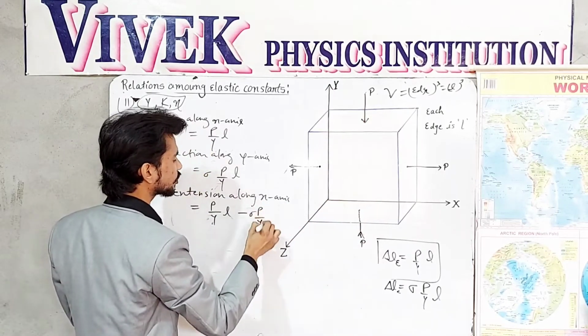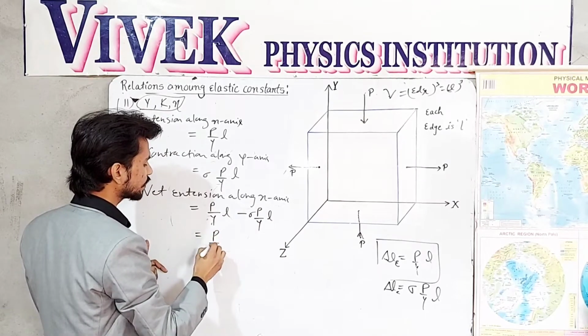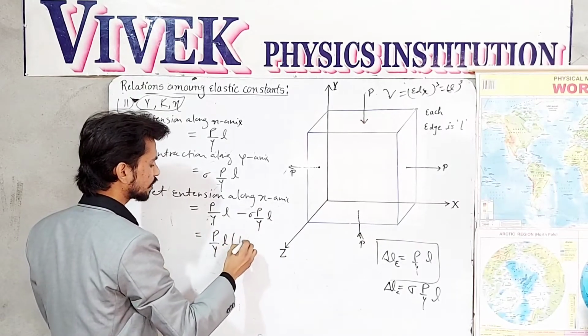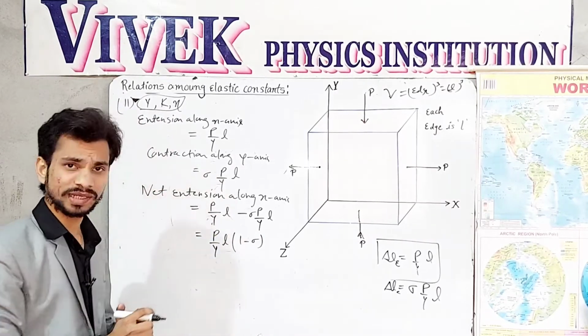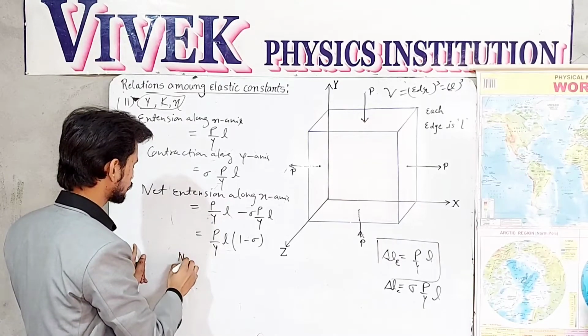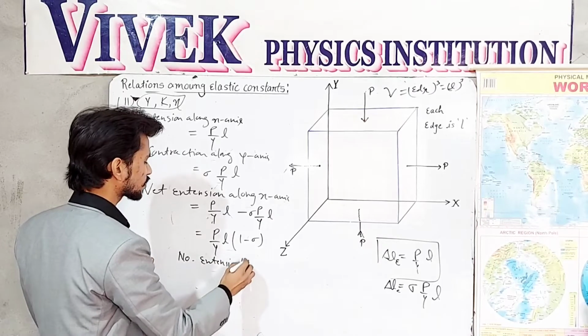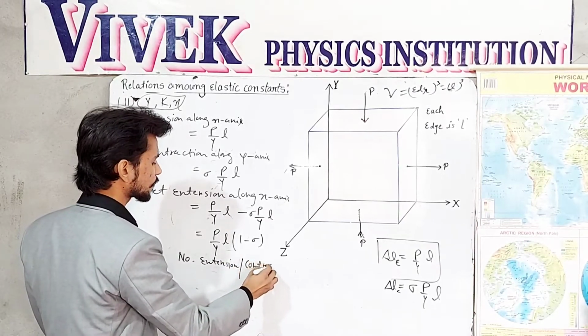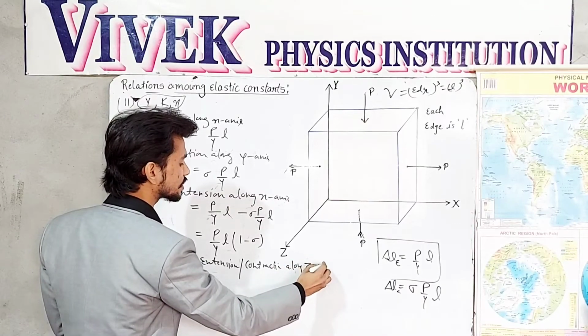These are sigma P L over Y. You can take common P L over Y and the rest is 1 minus sigma. This is the net extension along the x-axis. There is no extension or contraction along the z-axis.